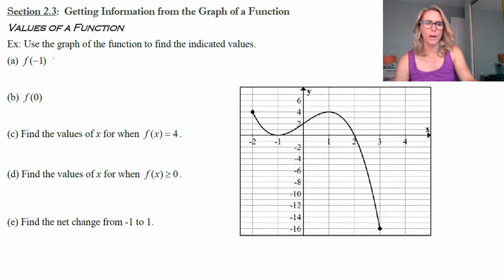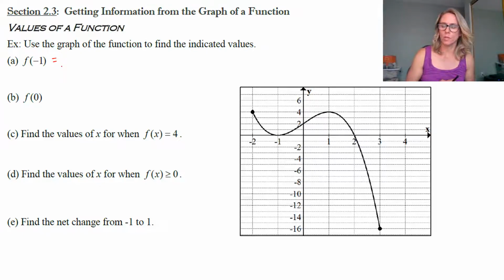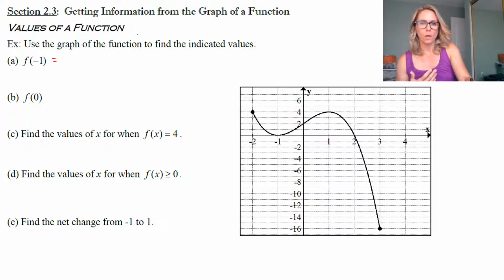So notice we have some questions here that ask us to use this graph to answer the questions. So we'll go down the list here. We have f of -1. From the function notation we've talked about, just a reminder that when you see something in function notation, that's f of x.